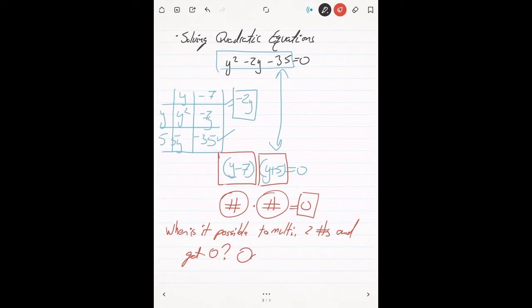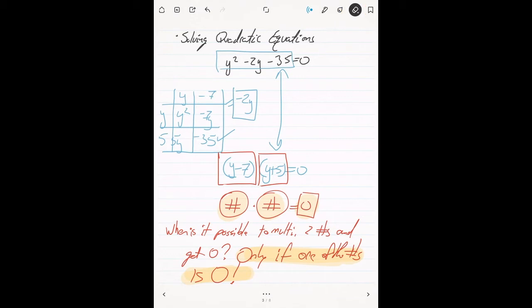Hopefully you're saying only if one of the numbers is 0. That's a big idea. That's something that we really need to realize about this problem. The only way that we can get a number times another number to be 0 is if one of those numbers is in fact 0 itself. If I said multiply two numbers and they equal 0, well, that means one of the numbers has to be 0, or maybe both of them are.